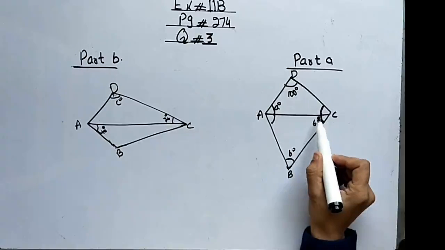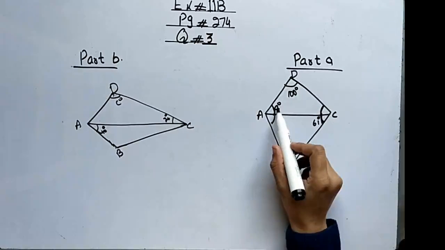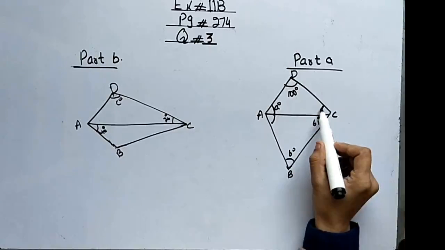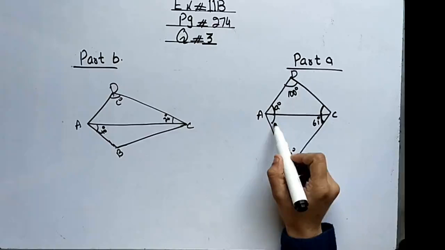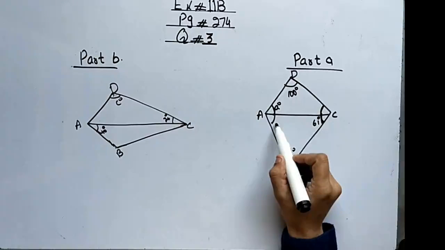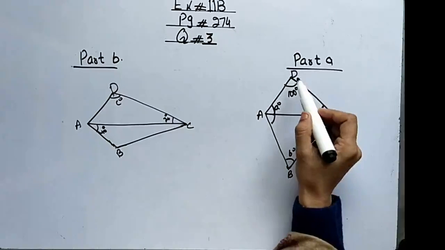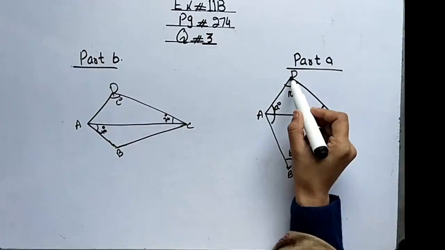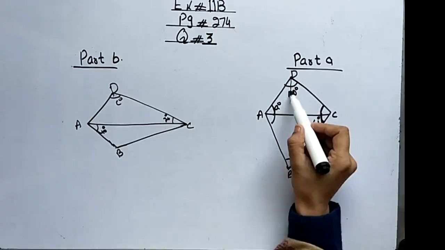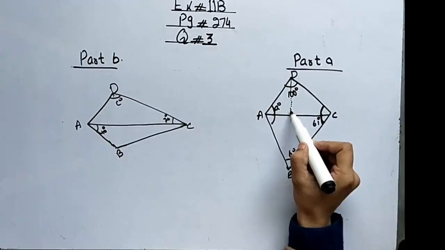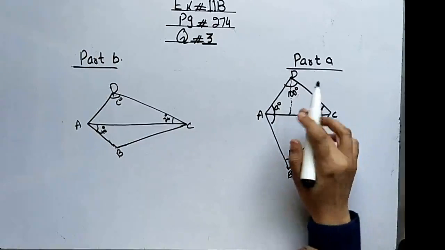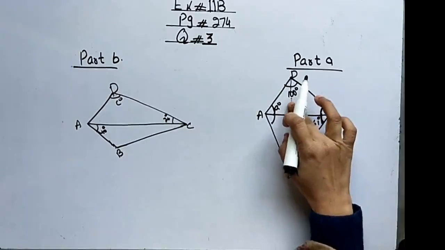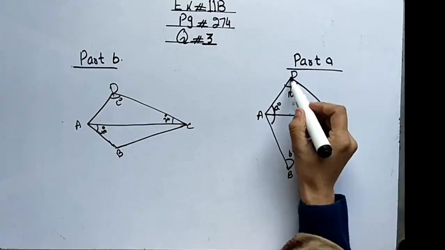It means if this angle is A degrees, then this one must also be A degrees. This one is 61 degrees, this one also must be equal to 61. So we can check. Beta, let's suppose we draw a diagonal from angle D to AC.